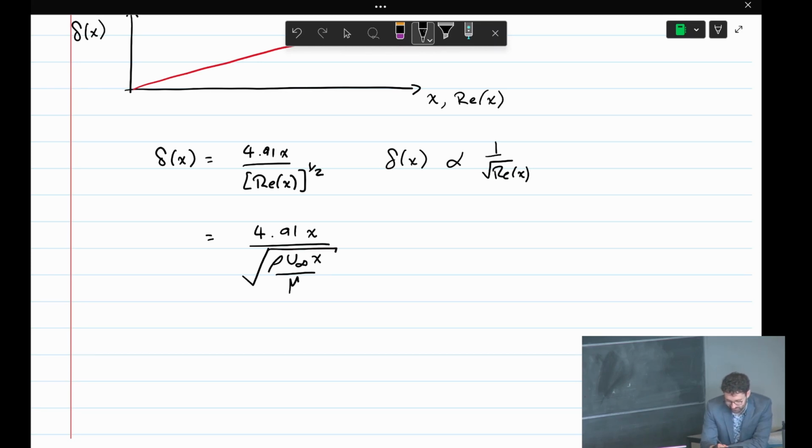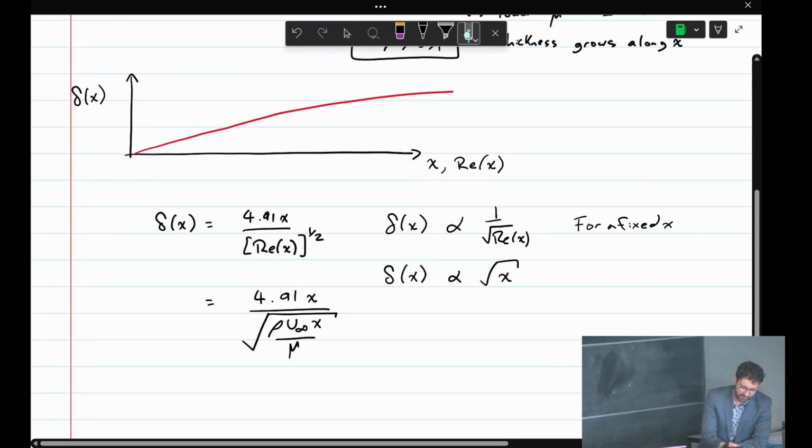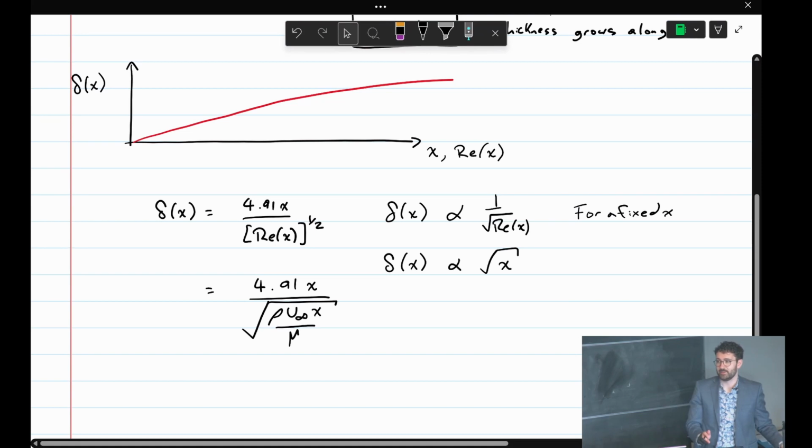So there's actually an x in the numerator. So the case I described earlier is for a fixed x. For a changing x, when you fix the free stream properties and you move along the boundary layer, delta of x is actually proportional to the square root of x because we have an x here and here, right? So yeah, really good question. Does that answer your question? Yeah. Okay. So that's why we get that curve that looks like the square root of x. Any questions about that?